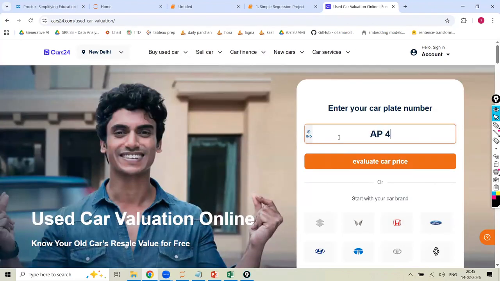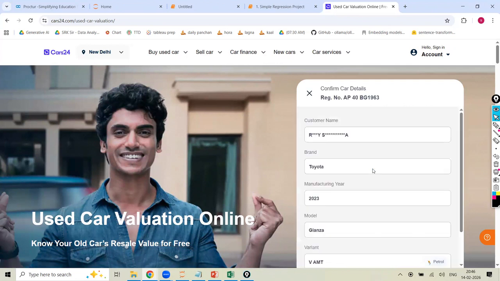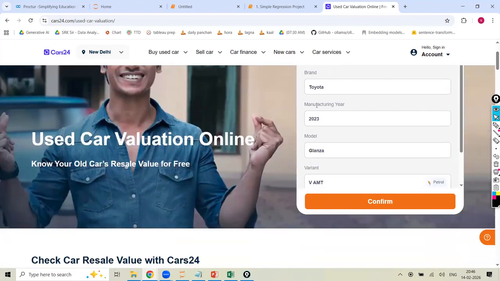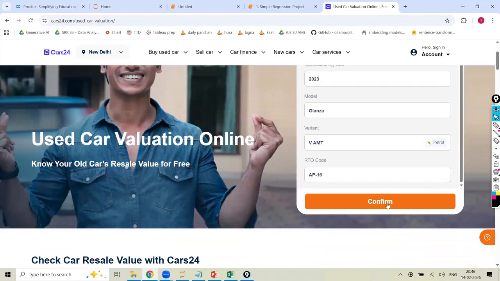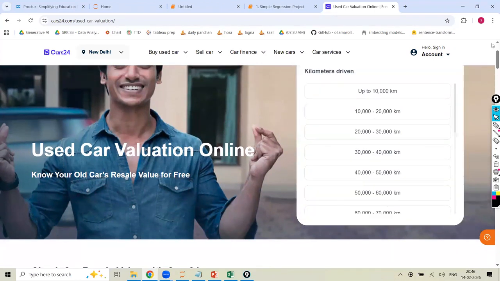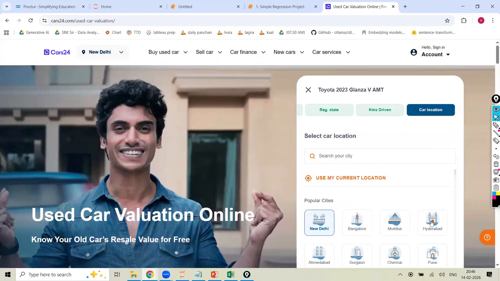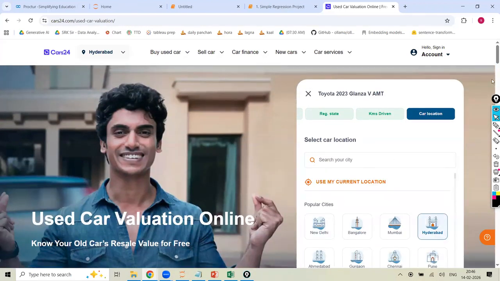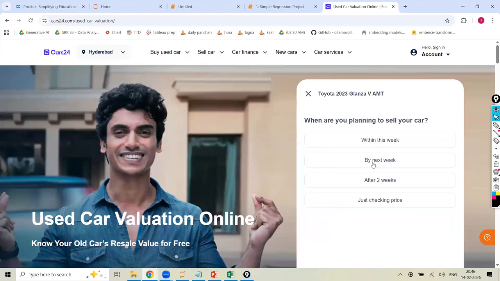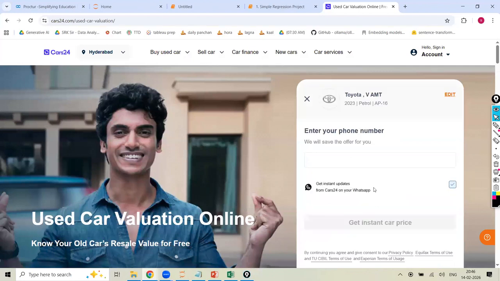I'm entering my car number AP40BG1963, and trying to evaluate it. It shows this is my car, a Toyota Glanza top-end model with petrol version. Confirm. How many kilometers driven? Less than 10,000 kilometers. Location: Hyderabad. When are you planning to sell, just checking the price.